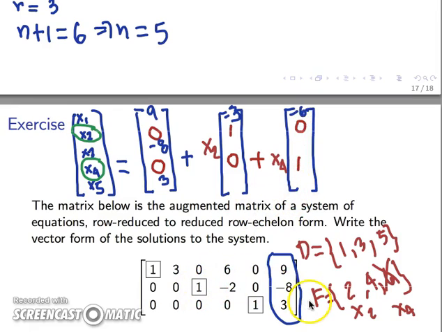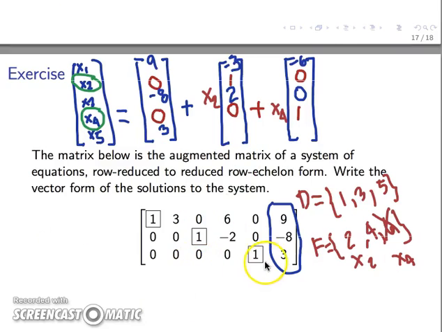Then looking at the second row, we see that there is a negative 2, which will become a positive 2, and there is a 0. And looking at the last row of the RREF, we find zeros in those positions, and those are precisely the numbers that we write here, 0 and 0.